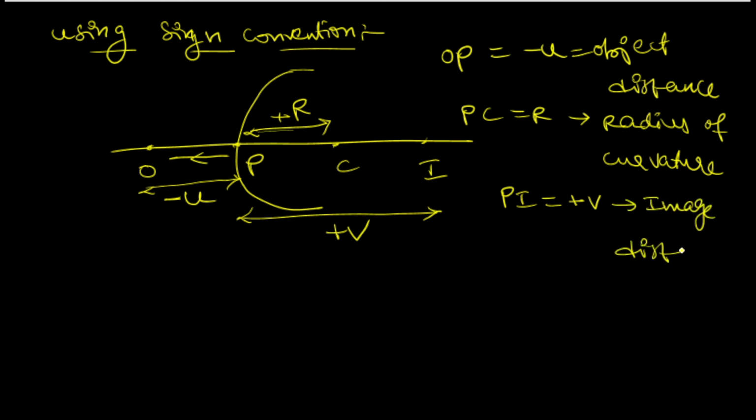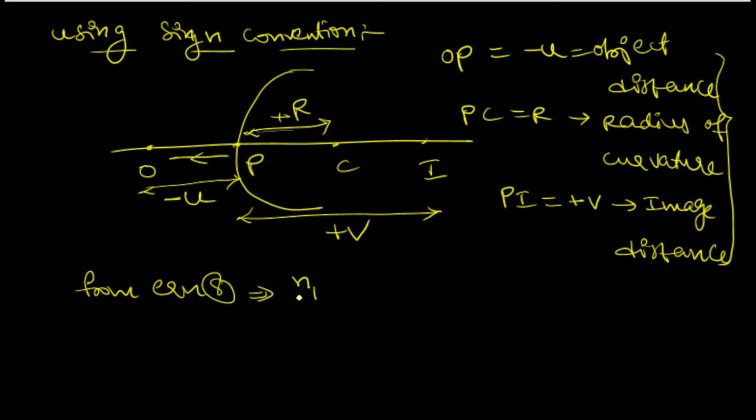Now substitute all these values in equation number 8. From equation 8, we have n1 by OP, and OP is minus u.